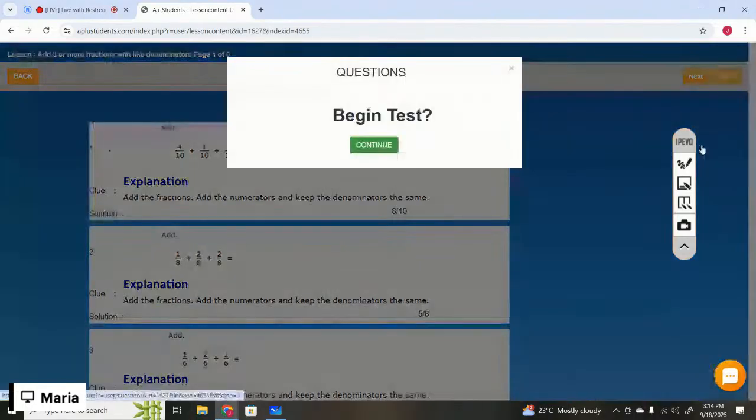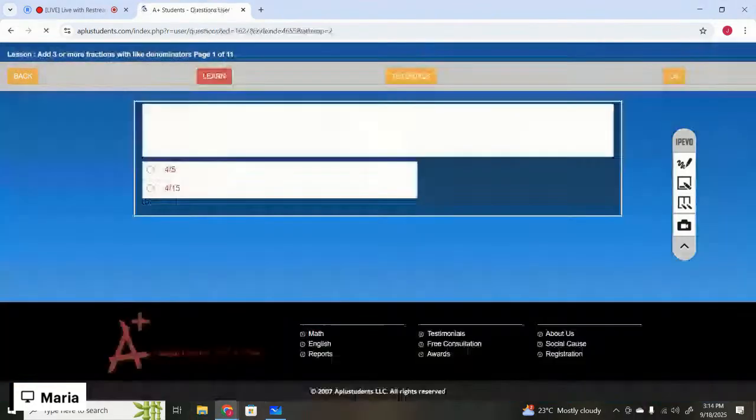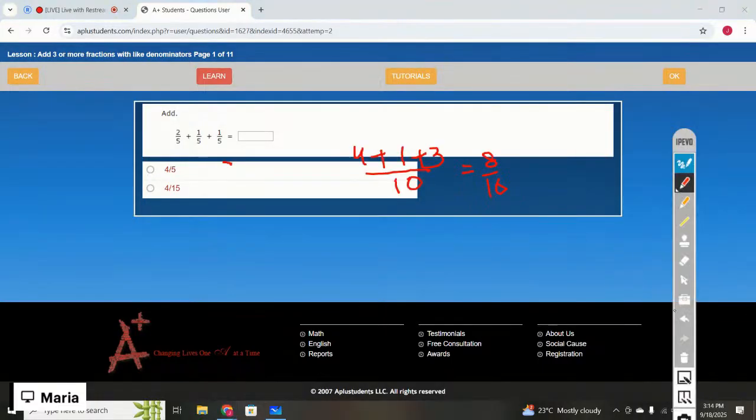Let's just start with the test questions. Two plus 1 plus 1 is 4 over 5.